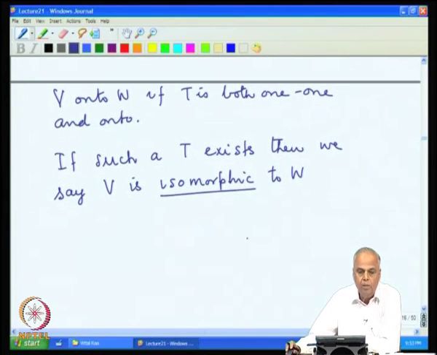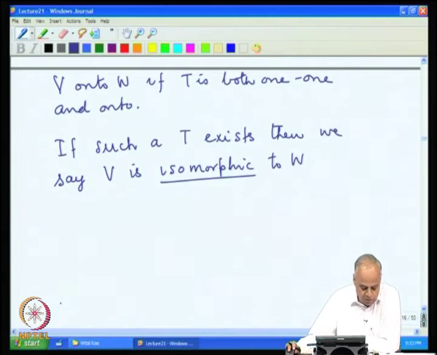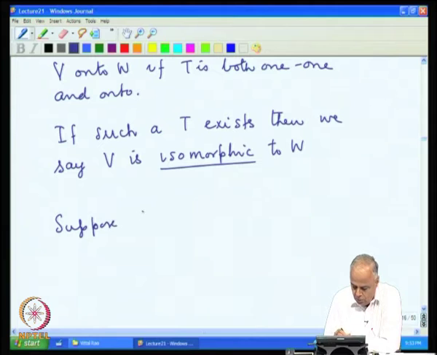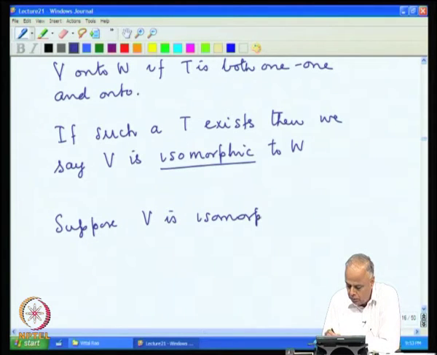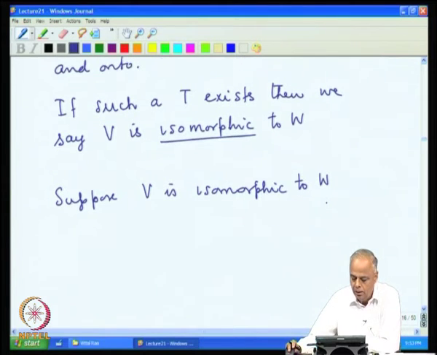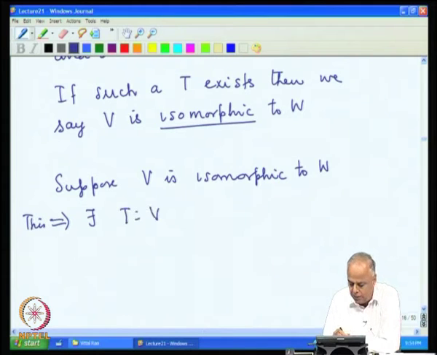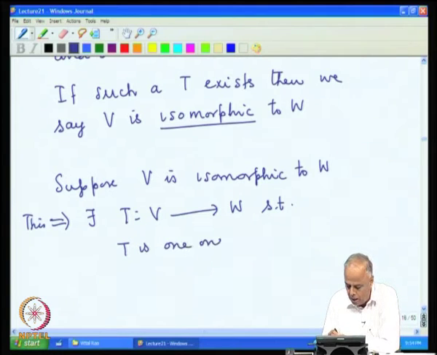Okay. Now, let us examine this notion of isomorphism a little bit carefully. Suppose V is isomorphic to W, then this says there exists a linear transformation T from V to W such that T is 1-1 and onto.